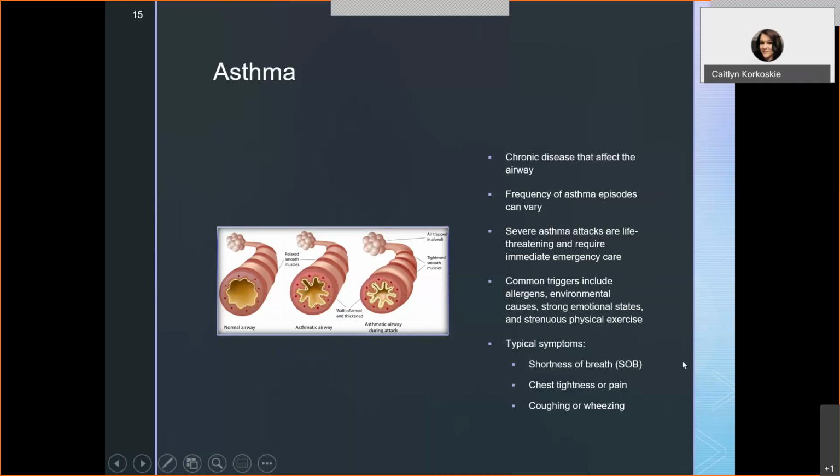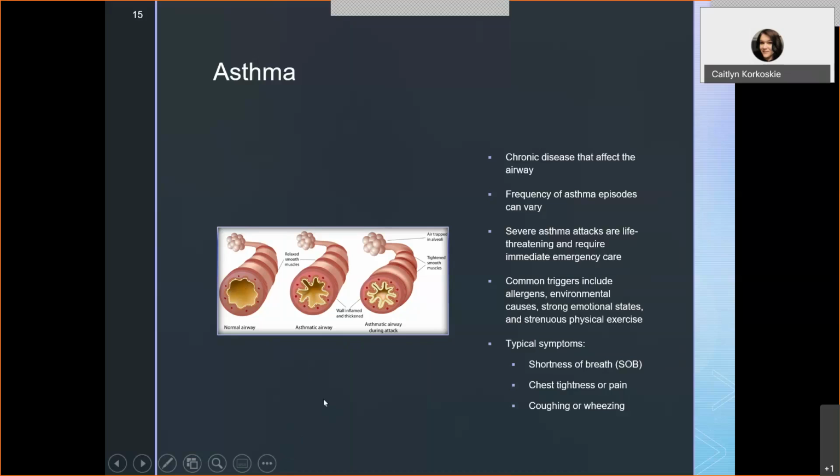And then sometimes it can be from emotional distress, where something in their life has triggered some type of strong emotional state. So sometimes that can cause someone's asthma to flare up.